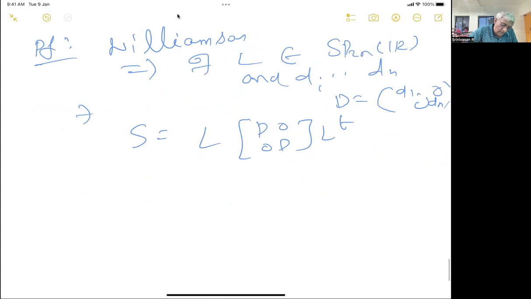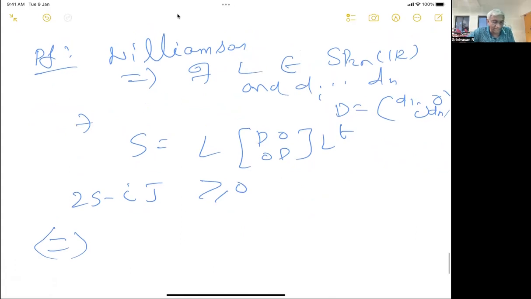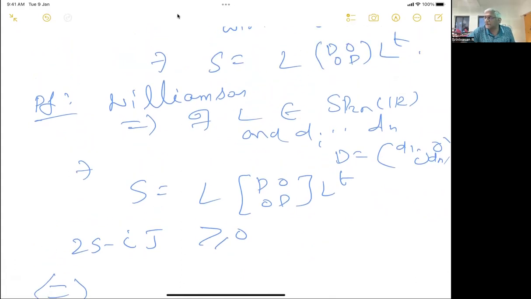Now S plus iJ/2 is greater than or equal to 0, which is equivalent to saying, so we have to assume that S is strictly positive, right? As I said, you can add an epsilon and do that. So we will do that later.